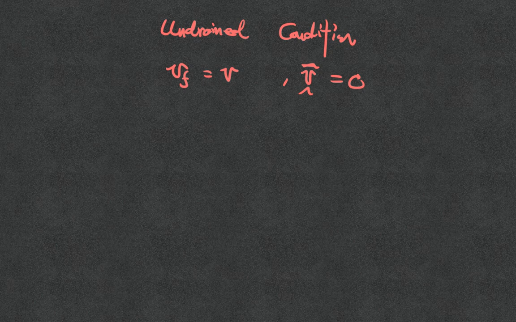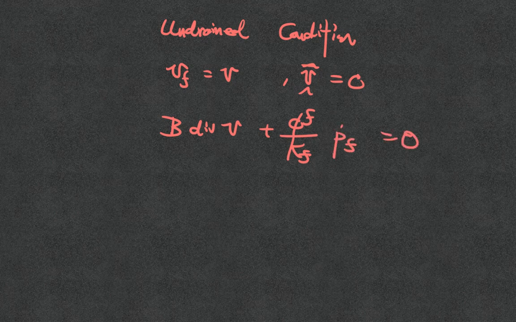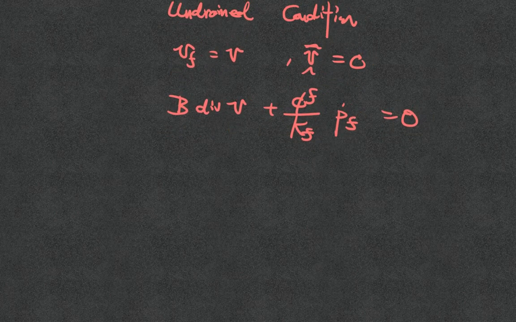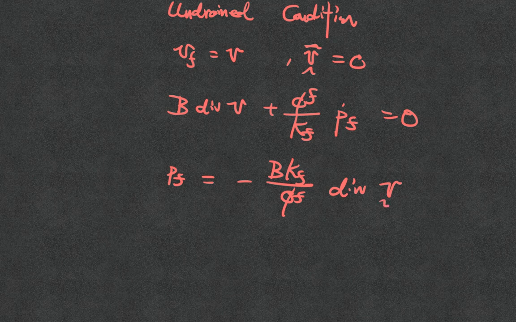Then I will have b times the divergence of v plus the porosity divided by K_f times the time derivative of p_f equal to 0. If I take this and write p_f as a function of the divergence of velocity, I get minus b K_f divided by the porosity times the divergence of v, which we talked about before the break.